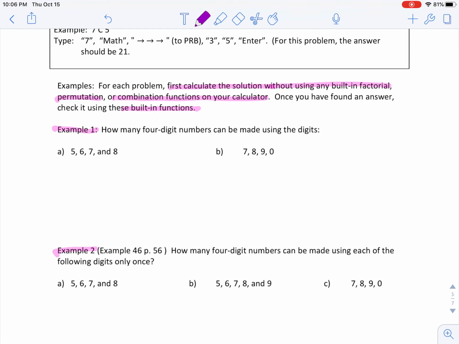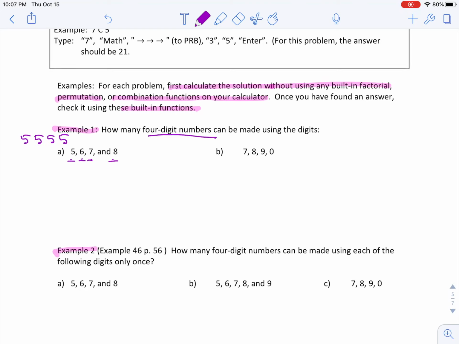So the first question says, how many 4-digit numbers can be made using the digits 5, 6, 7, and 8? Notice in this one, it doesn't say that we can't repeat digits. So if we have the digits 5, 6, 7, and 8, could you have the number 5,555?